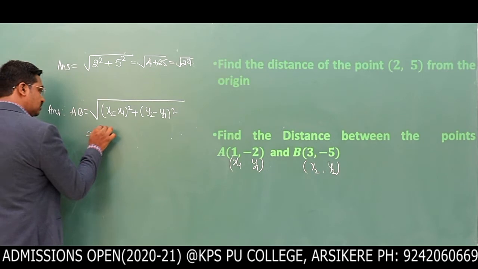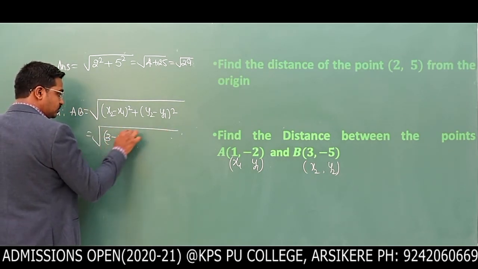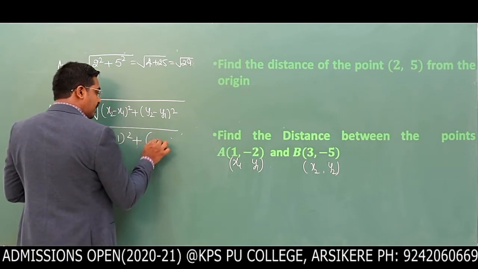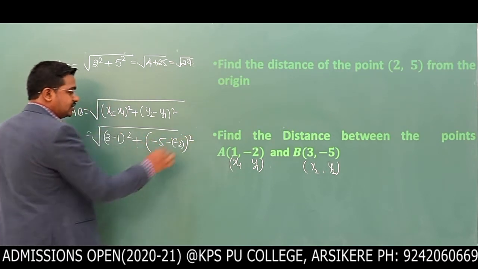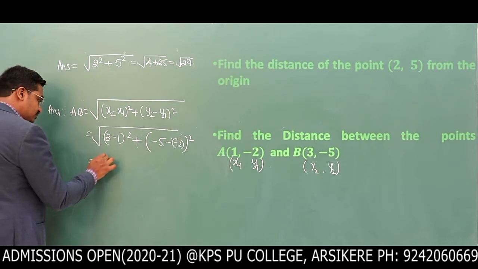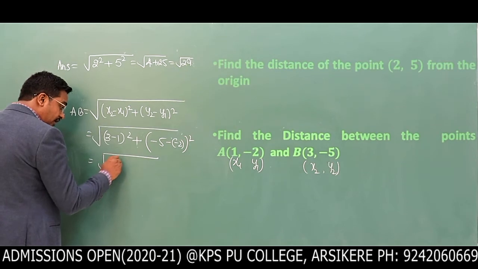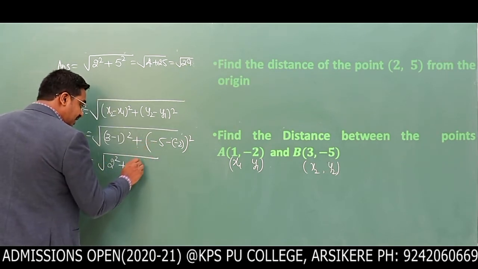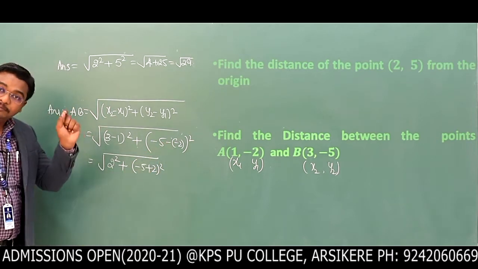This becomes the square root of (3 minus 1) whole square plus (minus 5 minus of minus 2) whole square. That is 2 square plus (minus 5 plus 2) whole square, since minus into minus becomes plus.